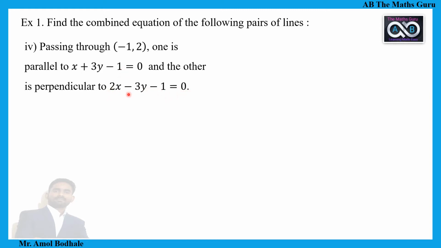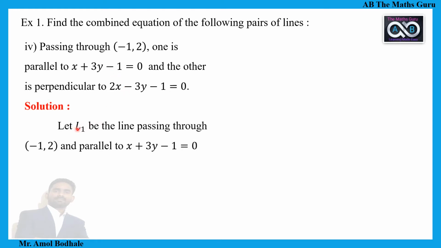So to find the line parallel to this and perpendicular to this one, first of all we will calculate the slope of both lines. Let L1 be the line passing through the point (minus 1, 2) which is parallel to x plus 3y minus 1 equal to 0.